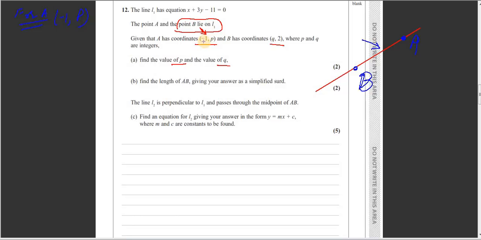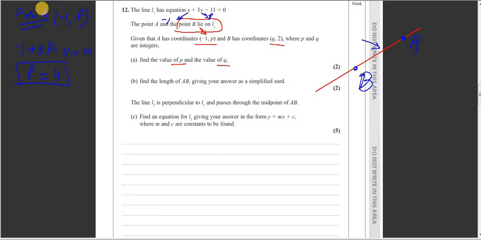This is my x coordinate, this is my y coordinate. So I can write -1 plus 3p. Remember, x is -1 and y is p. -1 plus 3p minus 11 equal to 0. And clearly you can solve this. You can figure out the value of p from here, and your value of p is 4.